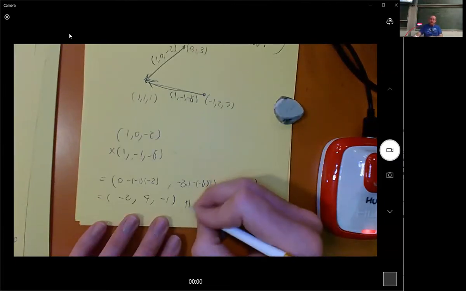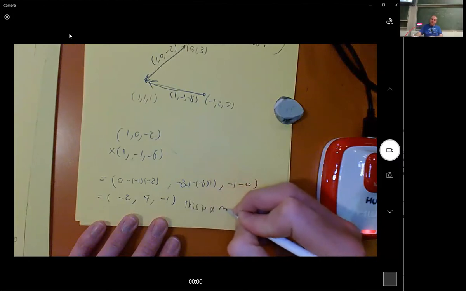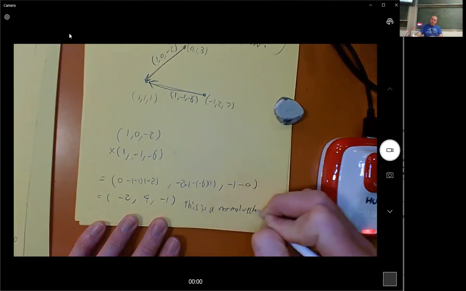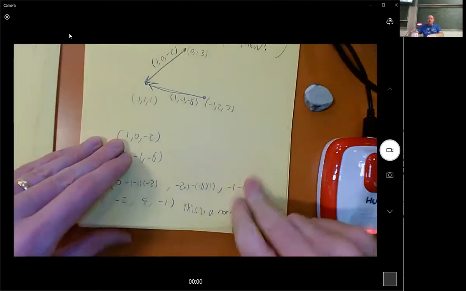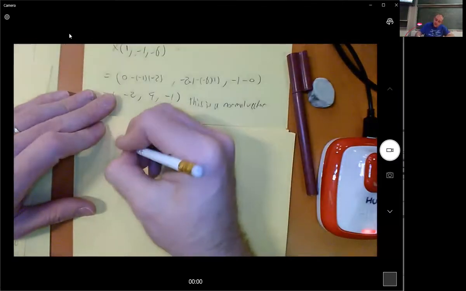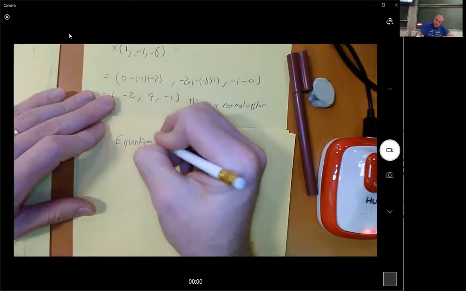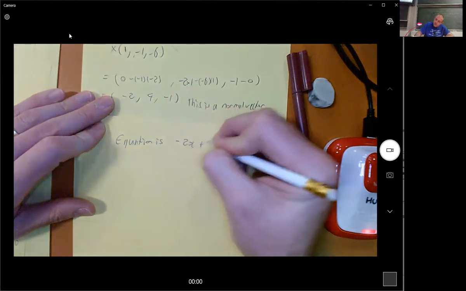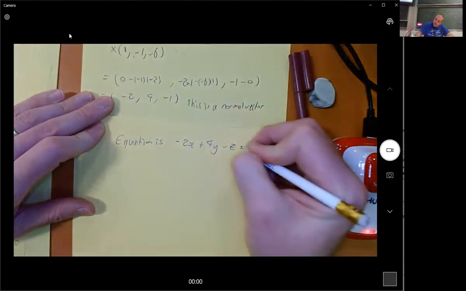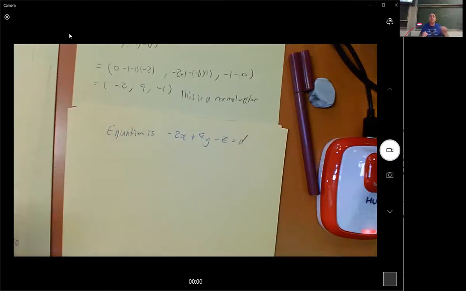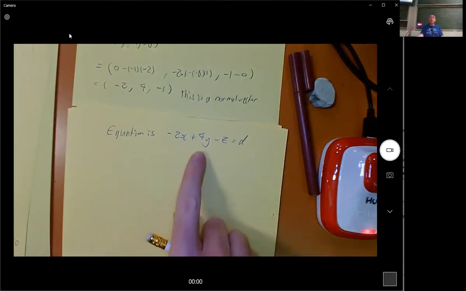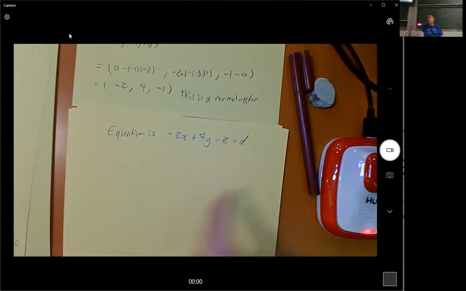And so this is a normal vector. So I know that the equation is minus 2x plus 4y minus z equals some constant. But I don't know what the constant is yet. But I do know that no matter which point I sub into this, it will give me the same answer for D, because that's the point of this equation.